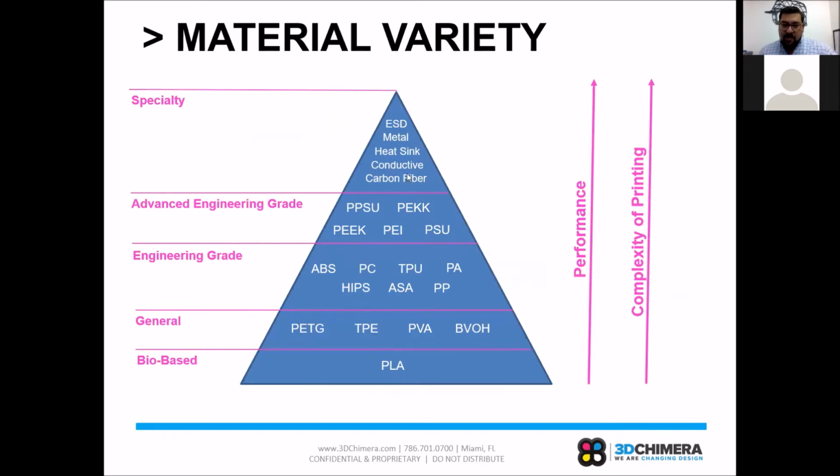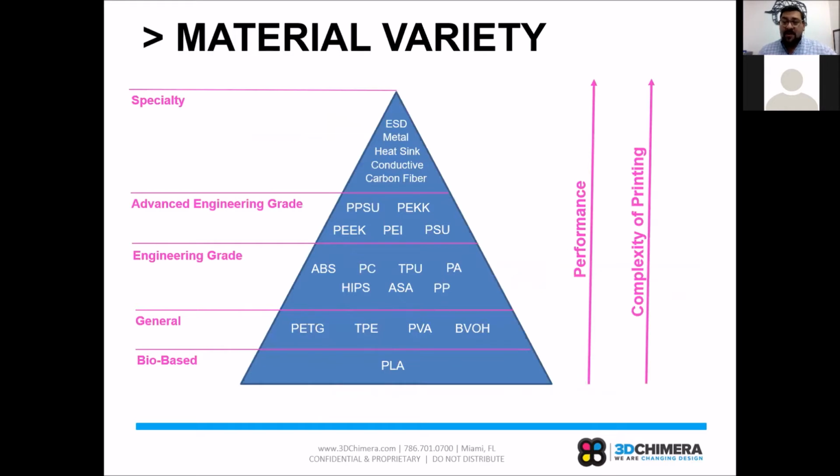And then there's this emergence of these specialty materials, which I alluded to earlier. And these are really cool, right? So these can be polymers that have, let's say, ESD properties, so electrostatic discharge, can be used in electrical applications, perhaps metal-infused polymers where we can actually dissolve out the polymer base and then sinter the metal together to actually get metal parts.